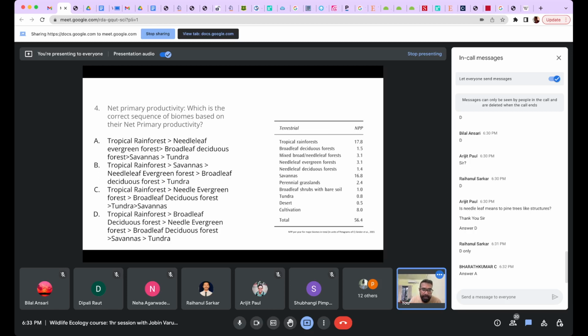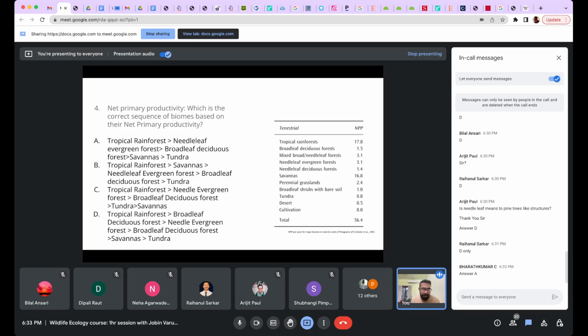But savannas is actually a very productive biome. It doesn't look like it is very productive because most of your production is happening below ground and not above ground. Also imagine the kind of animals that the savannas have.